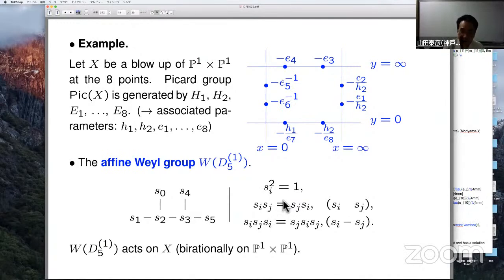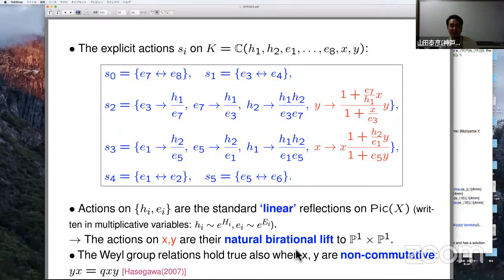So, the explicit form of the representation is given in this way. S0 is nothing but the exchange of the 2 exceptional divisors. And S1 is also the exchange of the 2 points.